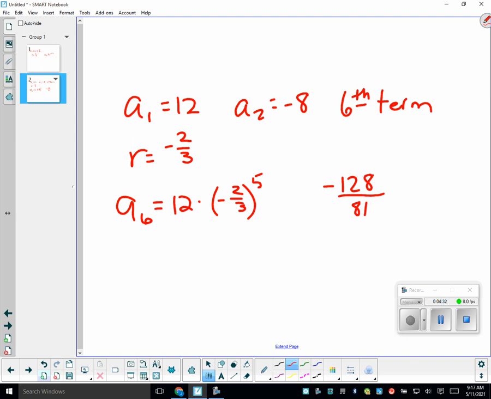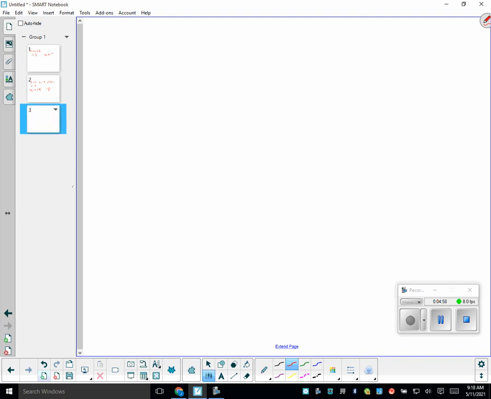Now, let's find the sum of a geometric series. There are 2 different formulas for sum. We'll do a finite one first, and I'll explain the difference in just a minute.